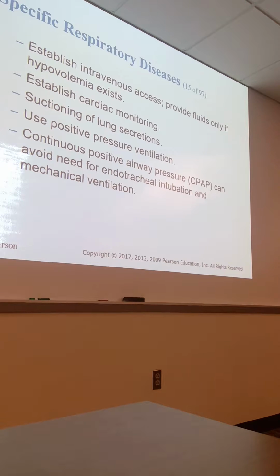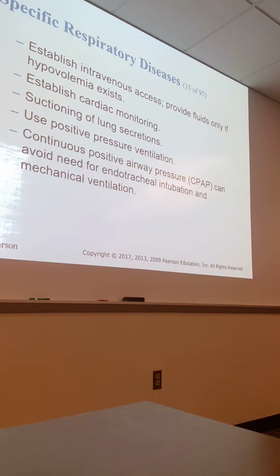Access, and don't give them excessive fluids. If people have shock lung or ARDS, they're pretty much restricted to necessary fluids. If you overhydrate someone, it just pushes more of the fluid that they can't keep in their vascular space into the lungs, and then it's a near drowning, and you don't need that.